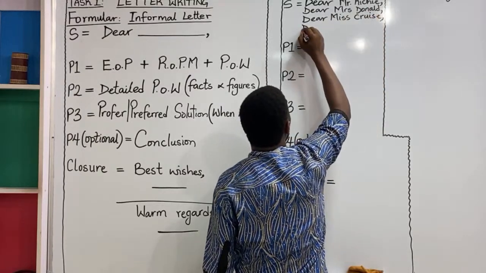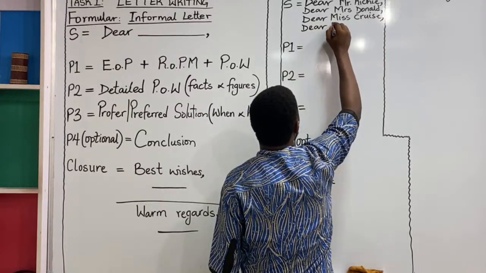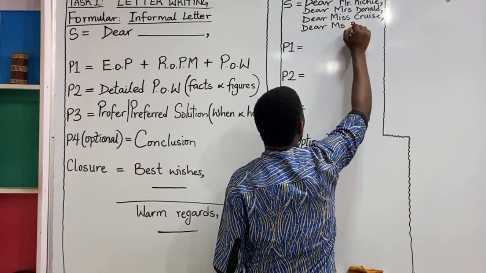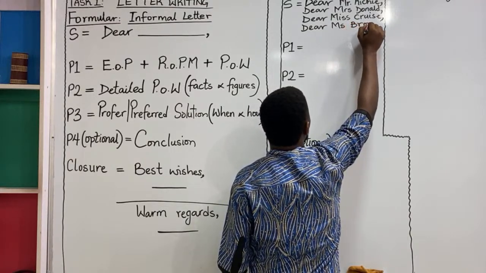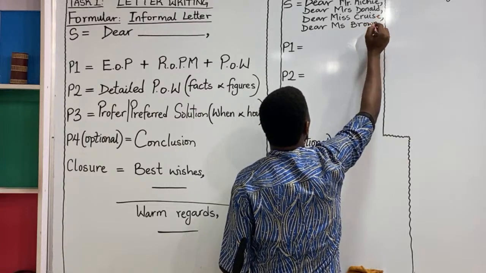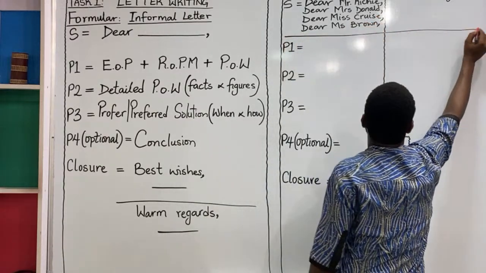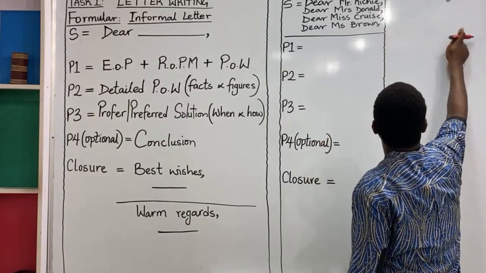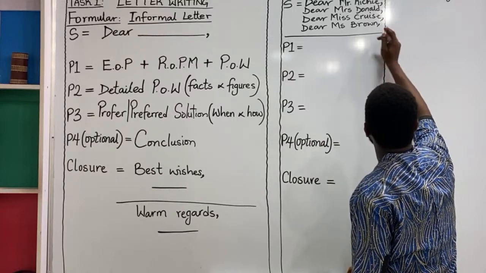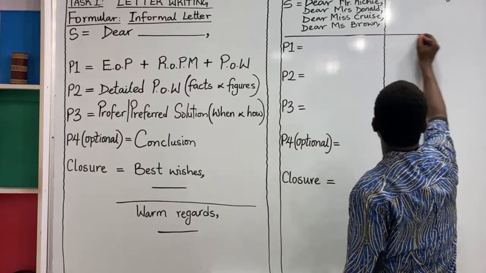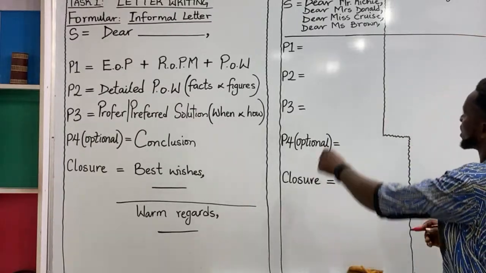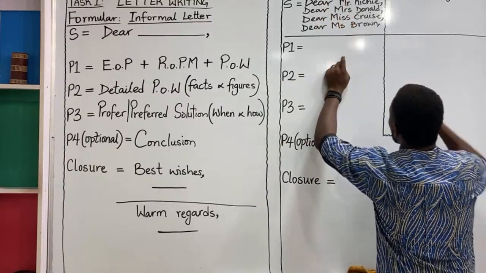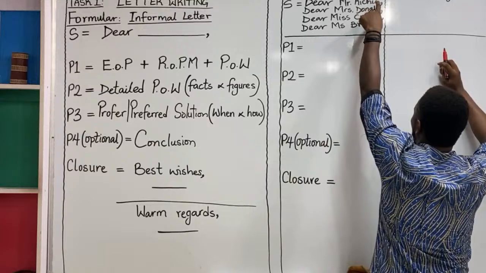It could be Dear Ms. Brown, comma. This is how your semi-formal letter salutation should look. You already know whom you're writing to, so you should address the person by beginning with Dear, then the marital status, and the person's official name.